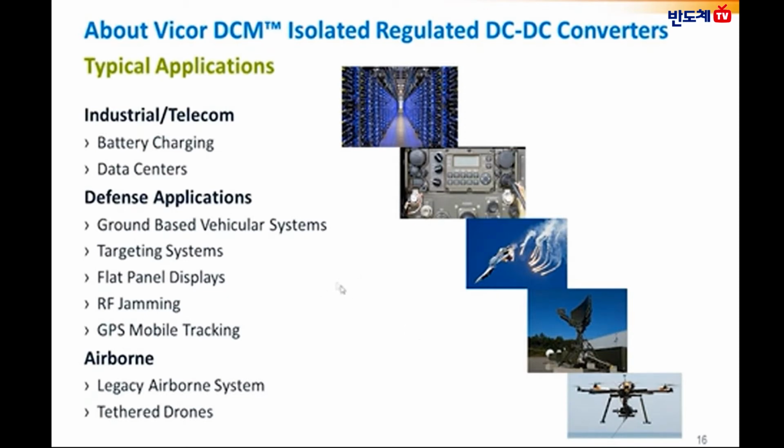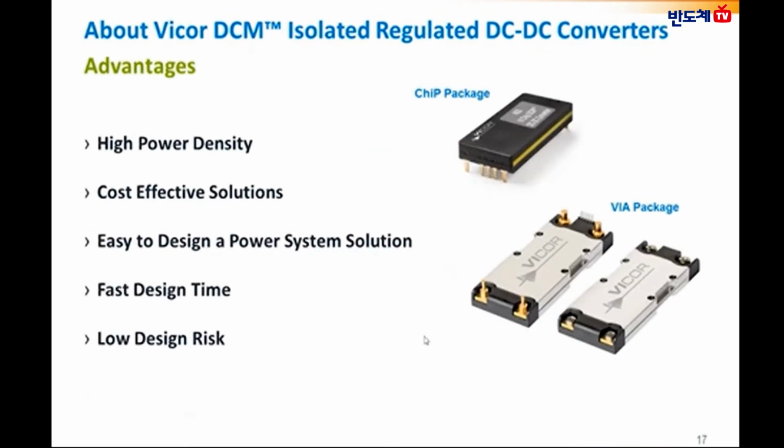Such defense applications are ground-based vehicular systems, such as communication systems or targeting systems, and flat panel displays, RF jamming, and GPS mobile tracking. And DCMs are also a good fit in airborne applications, which require less payload or less weight, such as tethered drones, as well as legacy airborne systems.